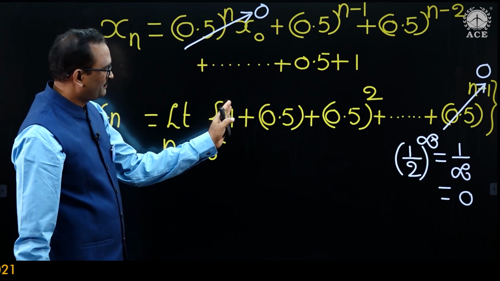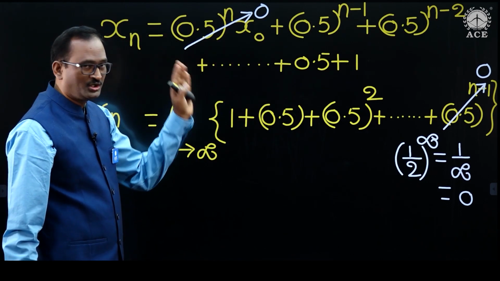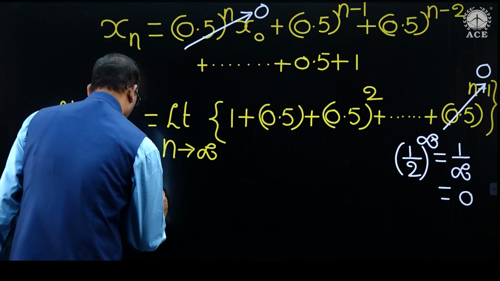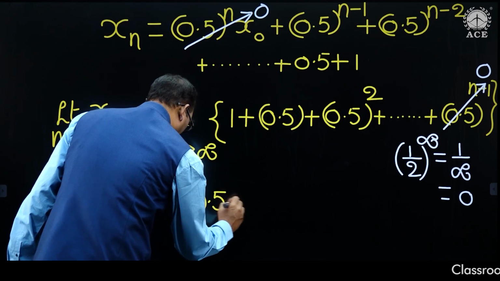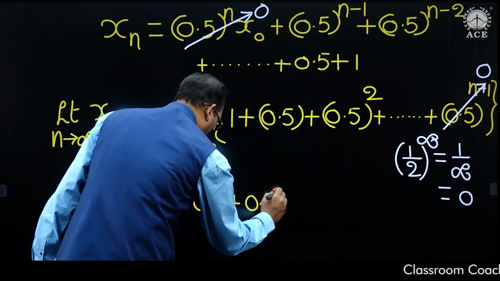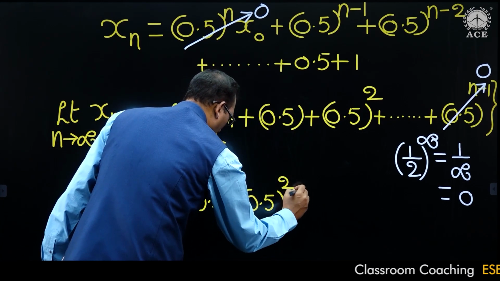Now, this is 1 plus 0.5 plus 0.5 whole square plus so on.